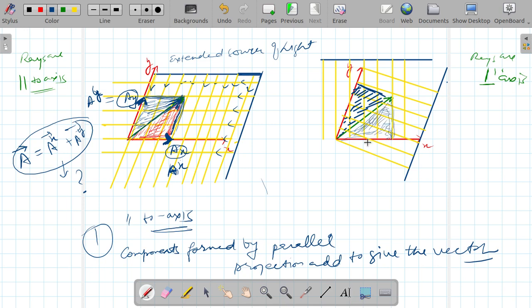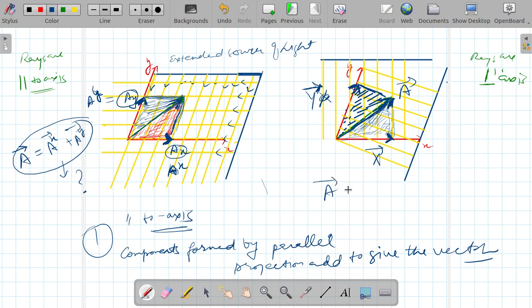This is the one region, this is another region. And here the vector formed will be this one, and another vector will be formed this one. And here the vector which I have chosen is this one, right? So this is vector A, and let me call this the y vector just for the sake of simplicity, and let me call this the x vector.